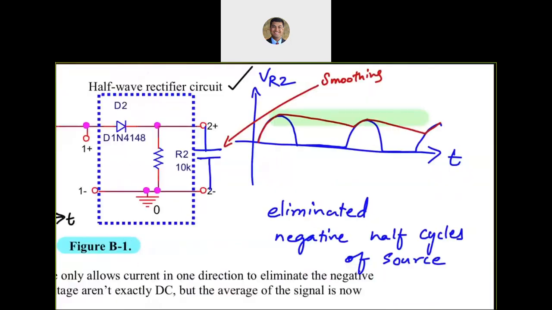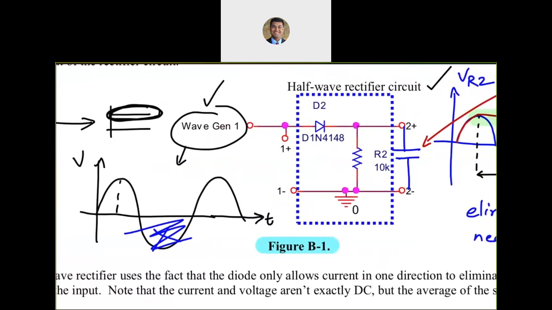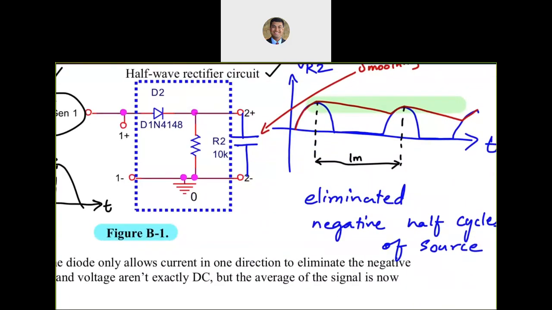But another key thing over here is what is going to be the time, say over here, between that and that. Well, that depends on the frequency of this guy. So if the wave gen has a particular time period, that time period is going to be over there, right? So if I assume that this is a 1 kilohertz signal, then the distance between this guy and that guy is going to be 1 millisecond in time.